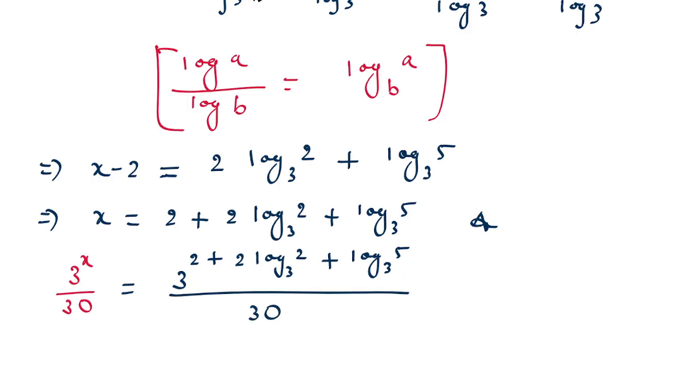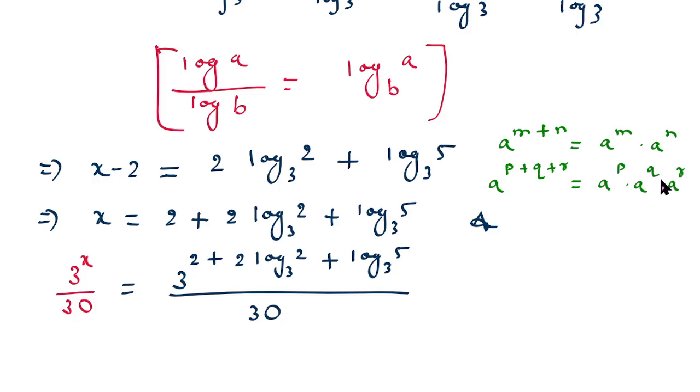There is one exponential law formula, that is a to the power m plus n is a to the power m into a to the power n. In case a to the power p plus q plus r is written, we can also write a to the power p into a to the power q into a to the power r.